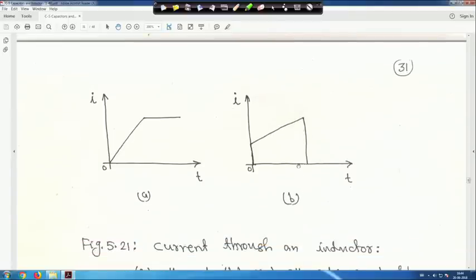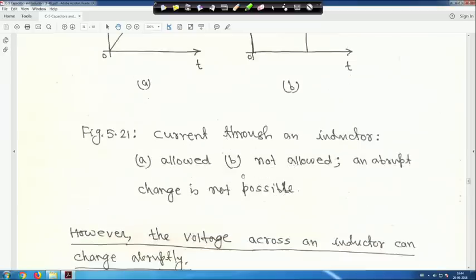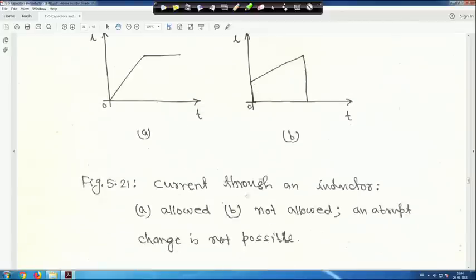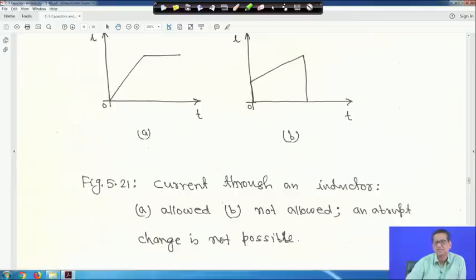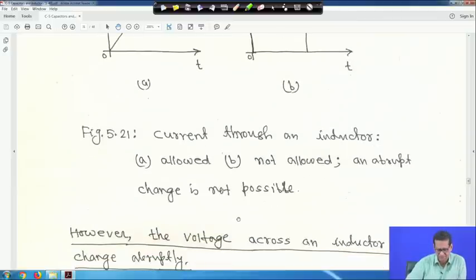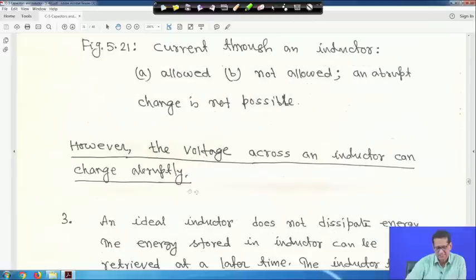So, this kind of discontinuity is not allowed, and an abrupt change is not possible in the inductor. However, the voltage across an inductor can change abruptly.